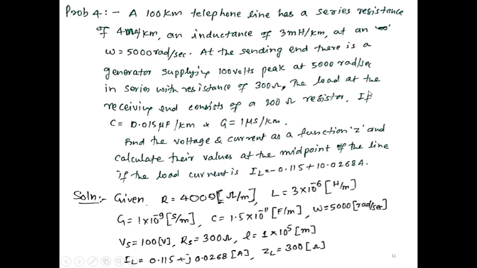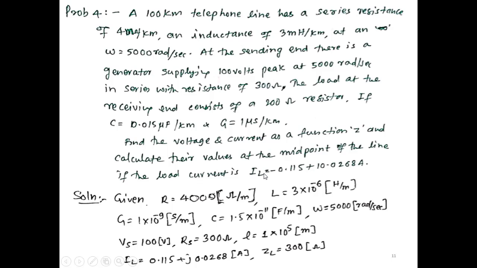The load at the receiving end consists of a 200 ohm resistor. If C is equal to 0.015 microfarad per kilometer and G is equal to 1 microsiemens per kilometer, find the voltage and current as a function of Z and calculate their values at the midpoint of the line.